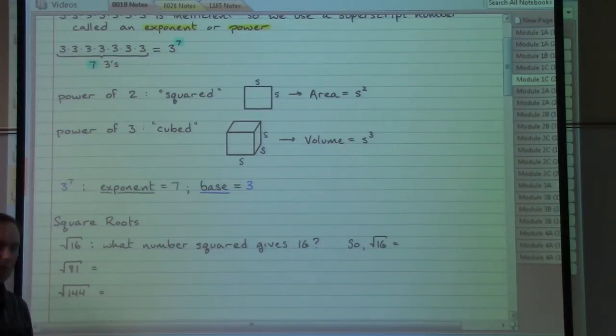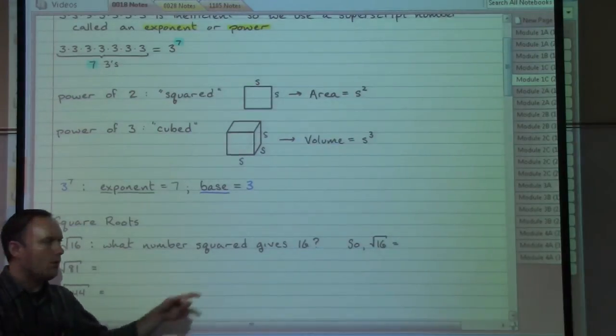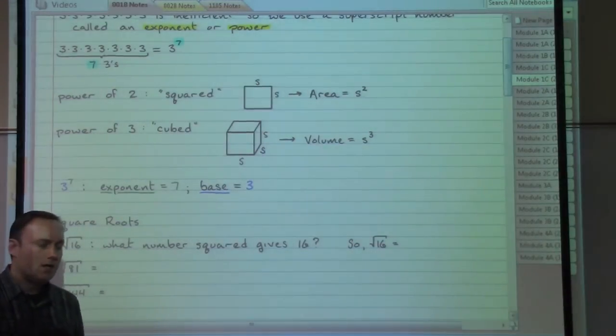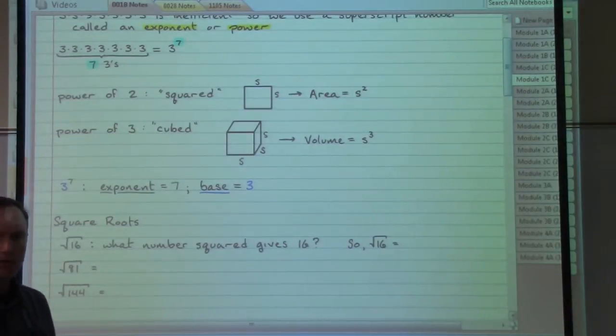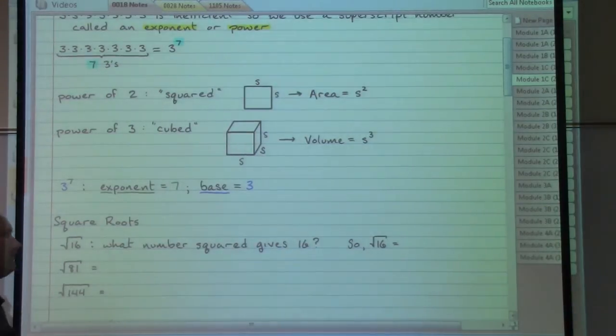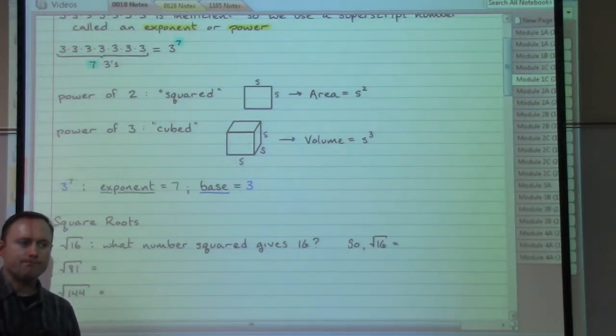It refers to a question like this: what number do we square in order to get a 16? And we could rephrase that a little bit. What number to the power of 2 gives us a 16? Or what number to the 2nd power gives us a 16?